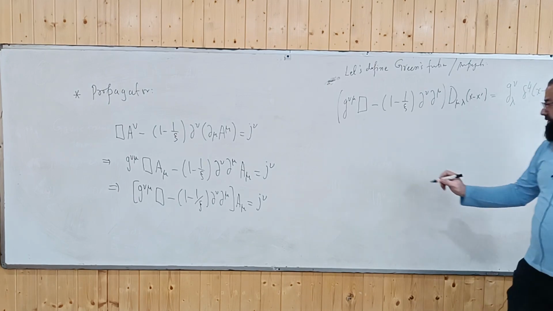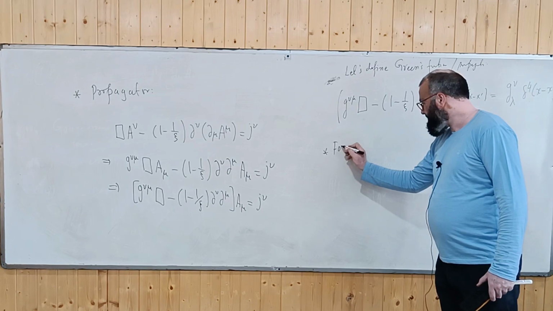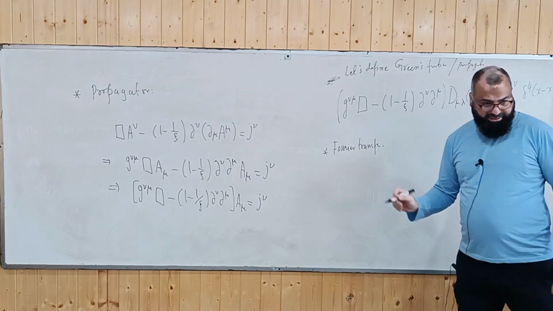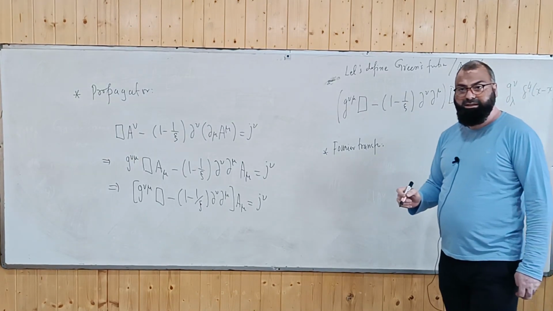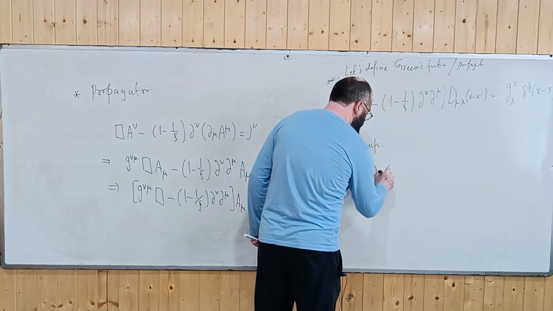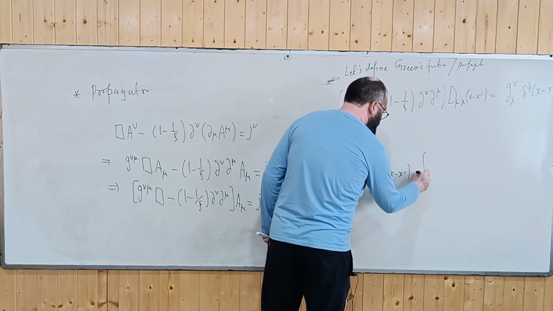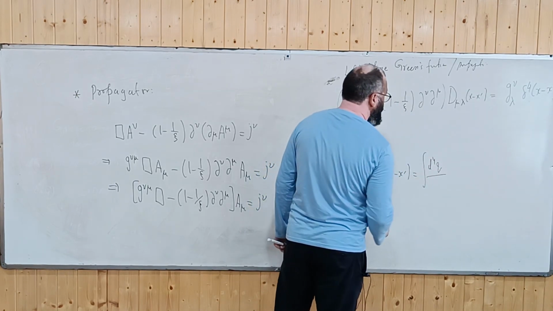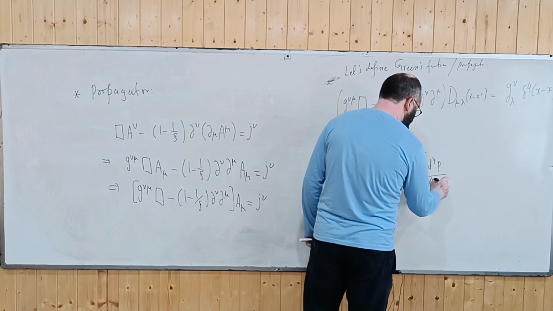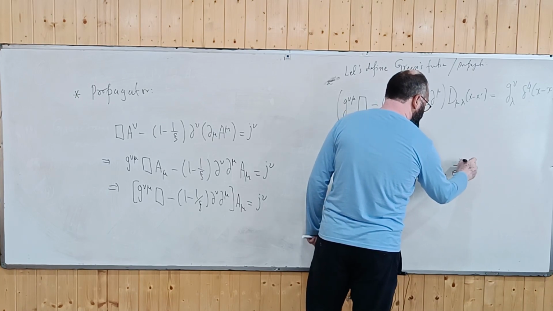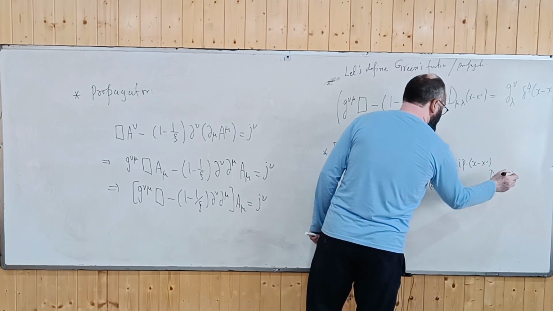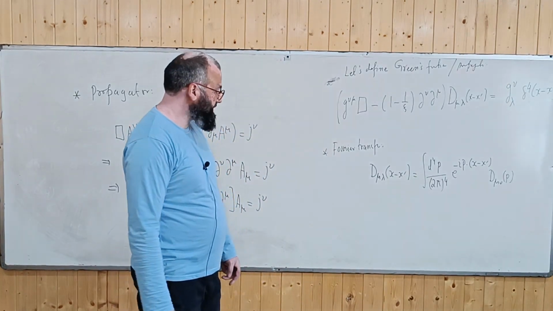Now we will take the Fourier transform. This is a standard procedure, we have already done it. So what is the Fourier transform? You write this G of x minus x prime as integral d4p divided by 2 pi raised to power 4, e raised to power minus i p dot x minus x prime, then you are having this G mu.